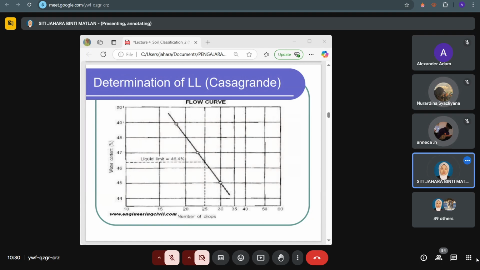As shown here, the liquid limit is approximately 46.4%. So this method is used to determine the LL, especially for clay soil, ataupun fine grain cohesive soil.